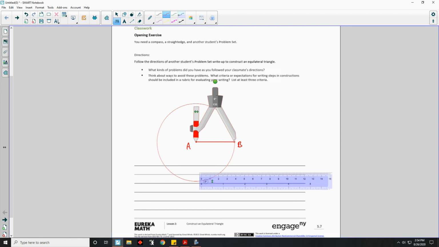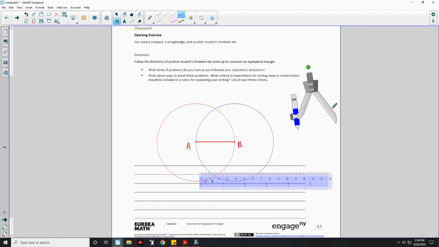Let's change the color to blue and draw a circle. So I've drawn two circles. The circle with center A has a radius AB. The circle with center B has a radius BA. They're sharing the same radius, so the radii are equal. AB equals BA. And any other radius anywhere else on the circle will be equal to that radius.